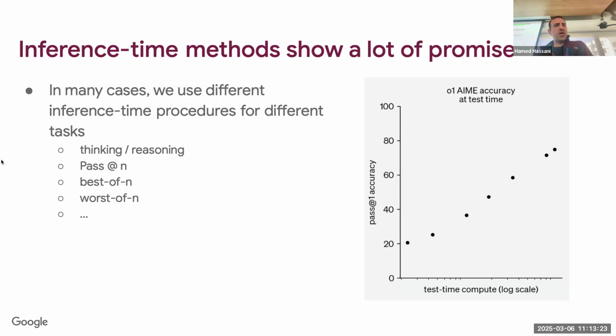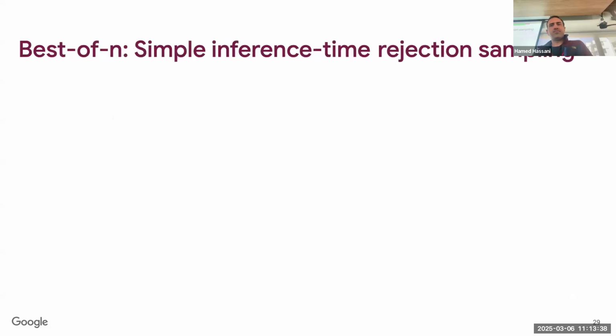There are a bunch of methods for doing this. A very simple one remains best of n, where you generate n responses and pick the best one according to a judge.